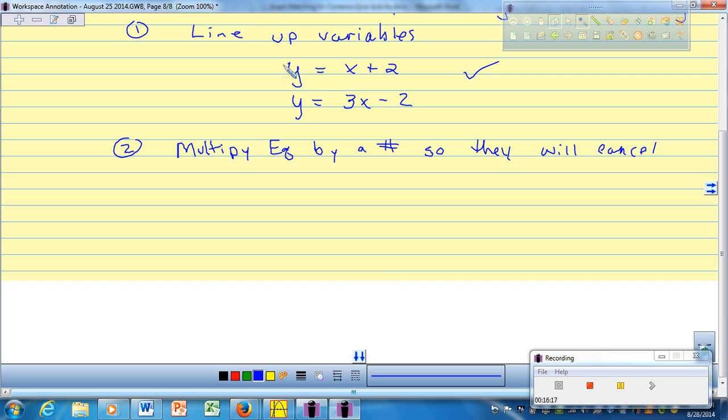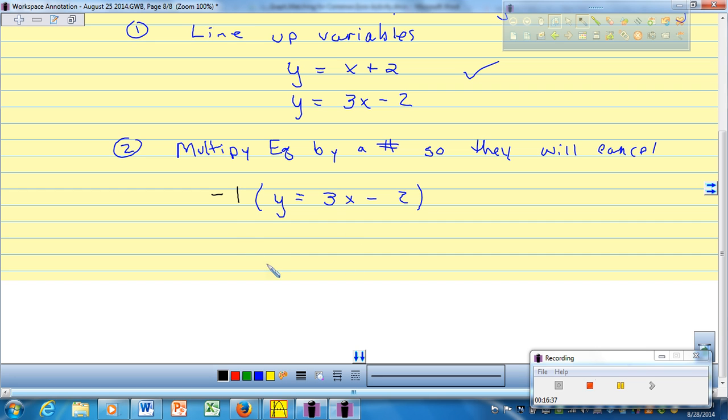I want to get y plus negative y so that they go to 0. What do I multiply the second equation by to get negative y? I can multiply the whole thing by negative 1.